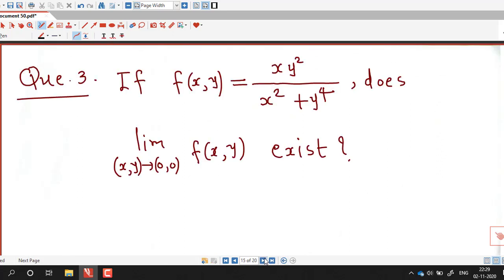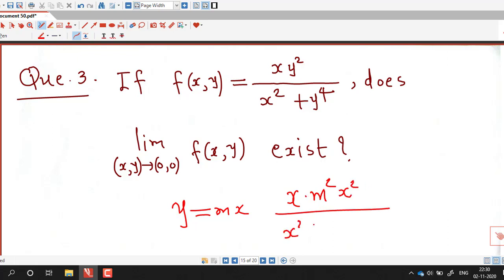We take one more problem. f(x, y) equals x y square over x square plus y raised to 4. We can try with y equal to mx. If we put y equal to mx, y square is going to be m square x square, and in the denominator x square plus y raised to 4 becomes x square plus m raised to 4 x raised to 4.